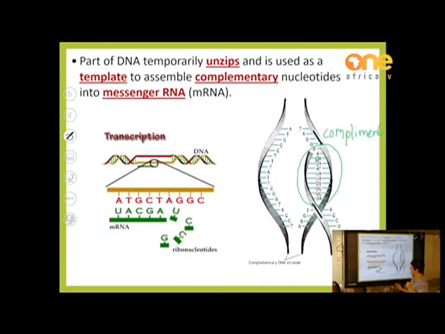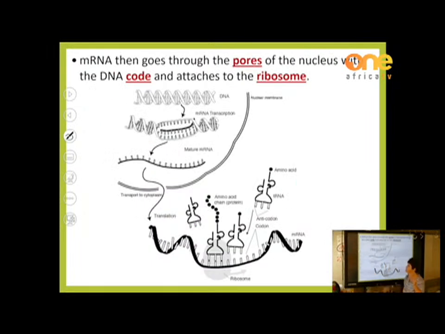How does it take place? There are free RNA nucleotides inside the nucleus, that were produced by the nucleolus. The free copies attach in the correct complementary order, and now it is called mRNA, leaving the nucleus.